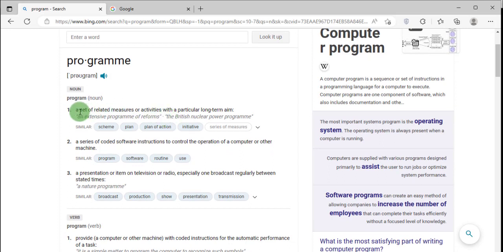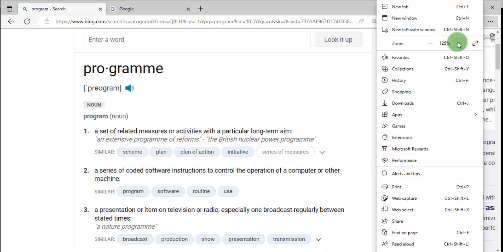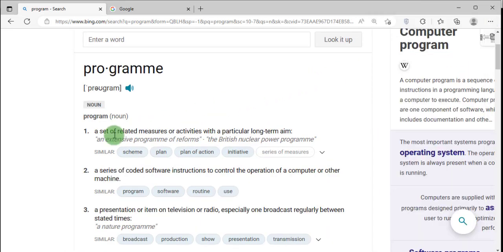The first definition, as a noun, is that a program is a set of related measures or activities. Let me zoom in a little bit. Let's read again. Program: a set of related measures or activities with a particular long-term aim.